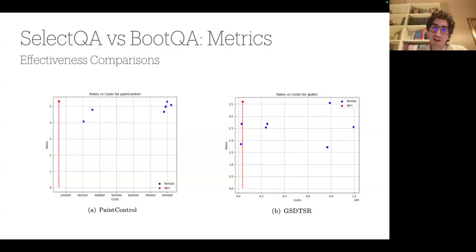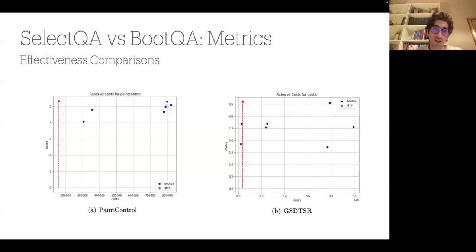Regarding the effectiveness, SELECTQA found always the same solution in each of the 10 runs for both datasets. In fact, it seems to be the actual best trade-off between execution cost and failure rate.